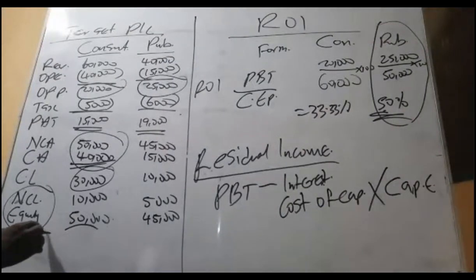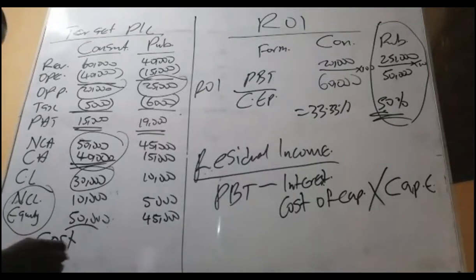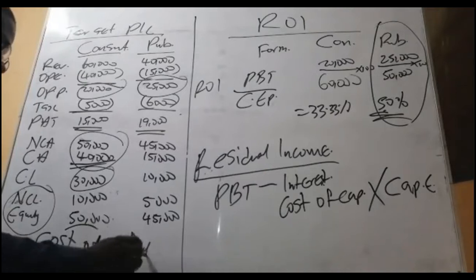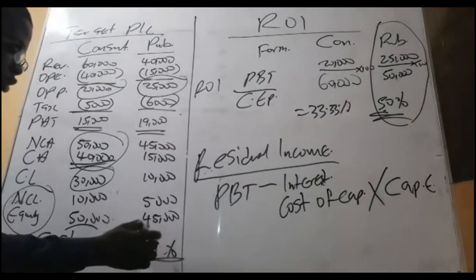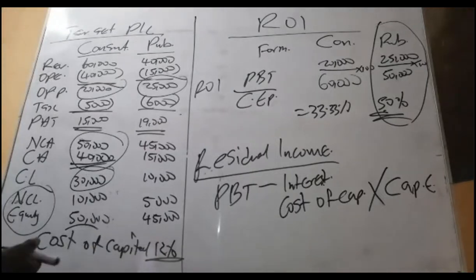So Target PLC has a cost of capital of 12%. That's Target PLC's cost of capital.